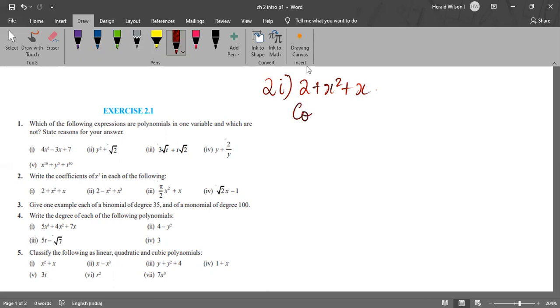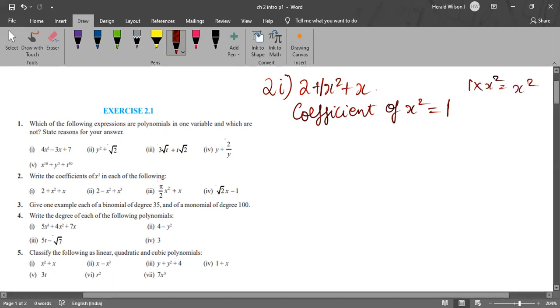Okay, so 2 plus x squared plus x. So here the coefficient of x squared is nothing but 1, because it doesn't make any difference. 1 into x squared is nothing but x squared, right? Therefore, coefficient of x squared is equal to 1. Second question is 2 minus x squared plus x cube.